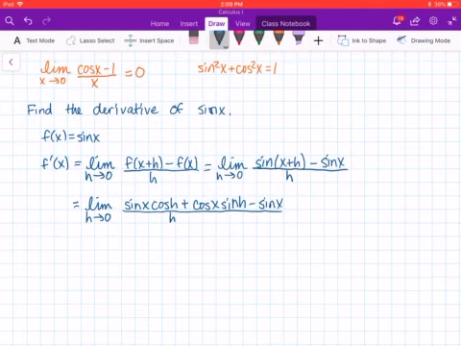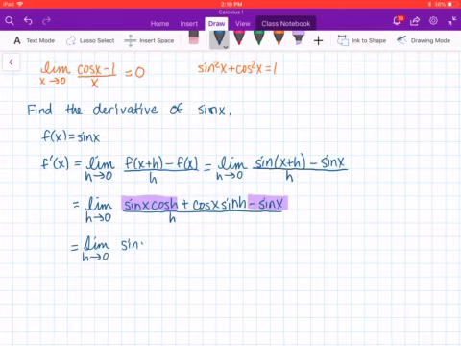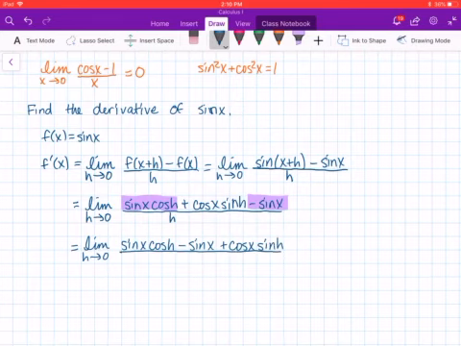Okay, so now what I want to do is, I notice that there's two terms that have a sine x in them. I want to write them next to each other. All right.